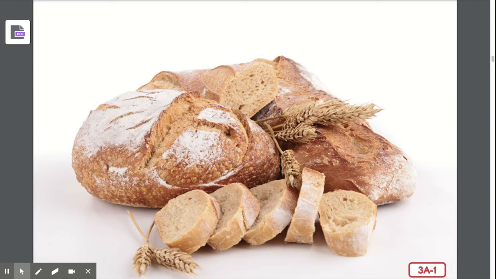In India, they eat chapati. In Israel, they eat matzo. And in America, we eat any of the above, plus bagels, muffins, biscuits, and sliced bread. What's your favorite type of bread?